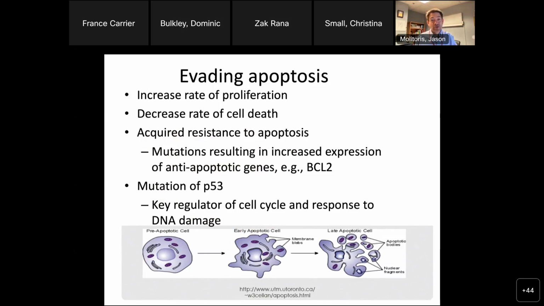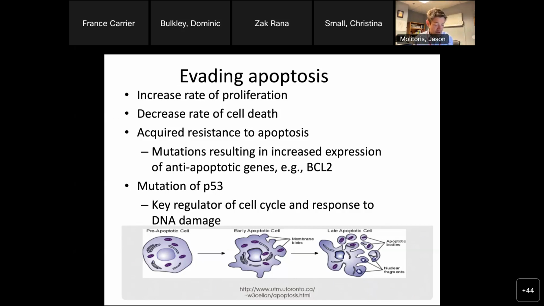Evading apoptosis. Apoptosis is a controlled cell death process. This is very important in the developmental pathways associated with embryogenesis, and also very important throughout the lifespan of an organism, so it's something that commonly happens and something that cancer cells need to be able to avoid.